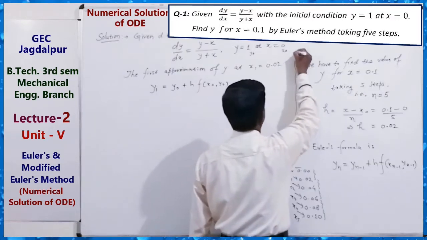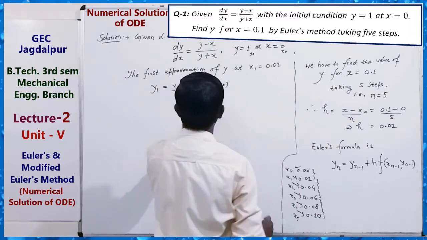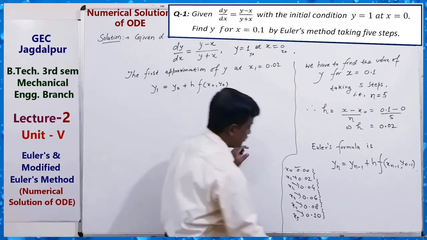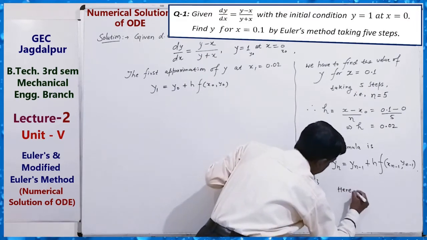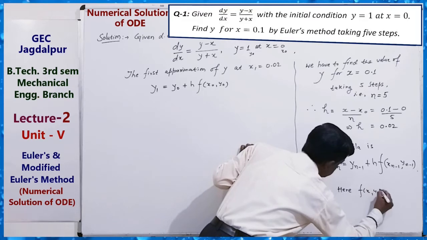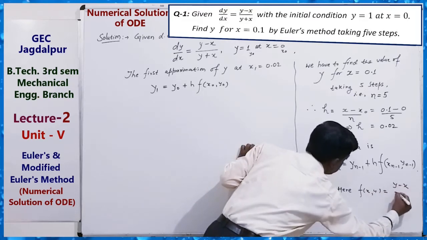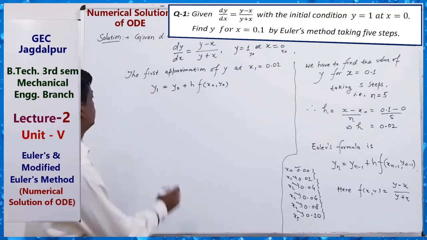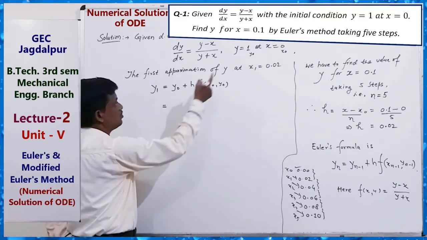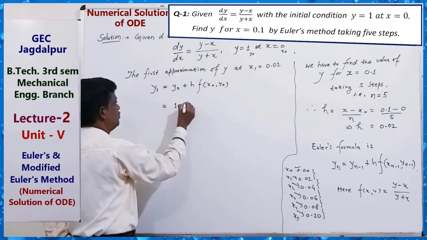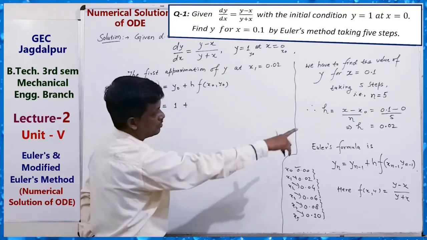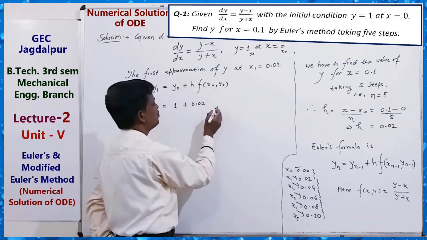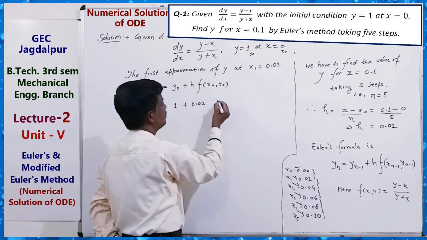Here f(x,y) equals y minus x upon y plus x. So for the first approximation, y0 means 1, plus h equals 0.02, and f(x0, y0) means what?